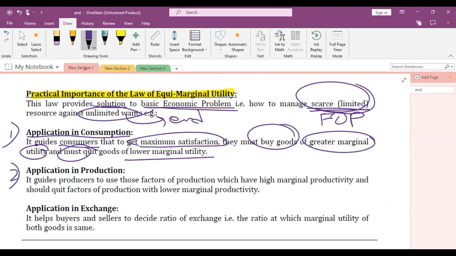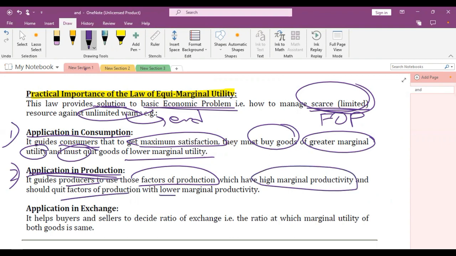Second is application in production. How does this law help producers? It guides producers to use those factors of production which have higher marginal productivity and should quit factors of production which give less marginal productivity.